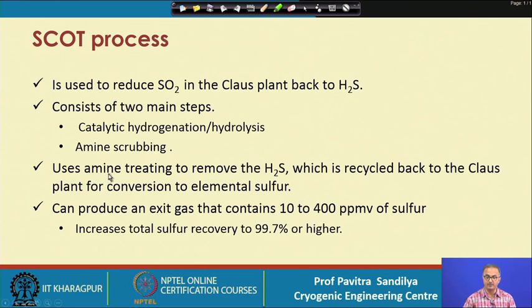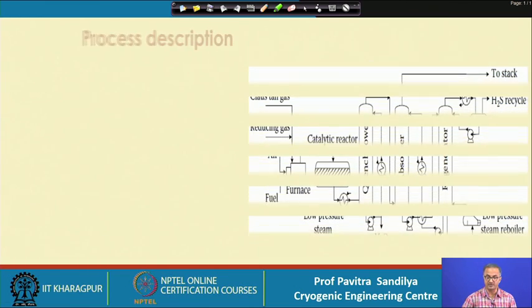The amine treating is used to remove the H2S, which is recycled back to the Claus process for conversion to elemental sulfur, and it can produce an exit gas that contains a very low amount of sulfur, in the range of 10 to 400 ppmv, and it increases the sulfur recovery up to 99.7%. That is, the Scott process is a very effective process.